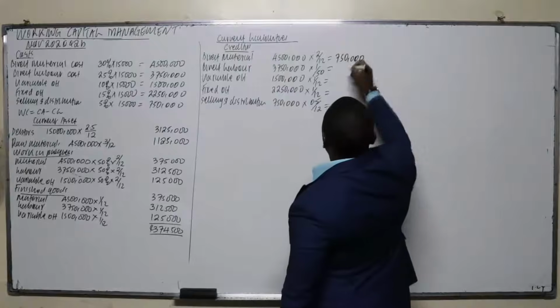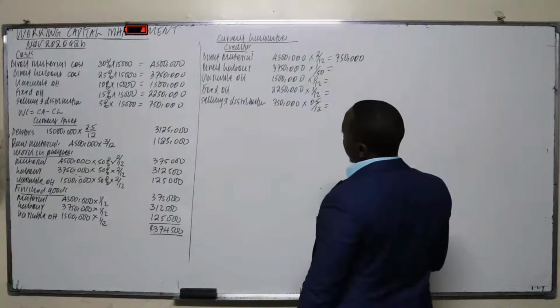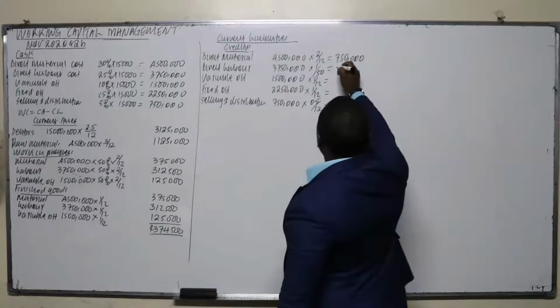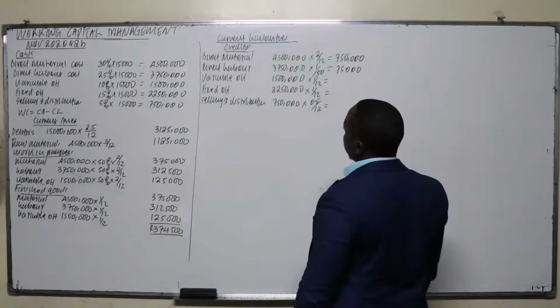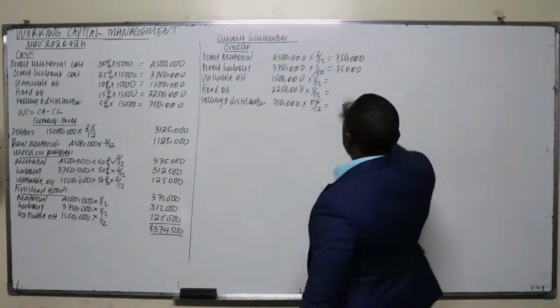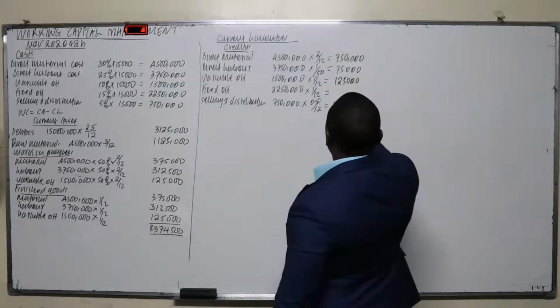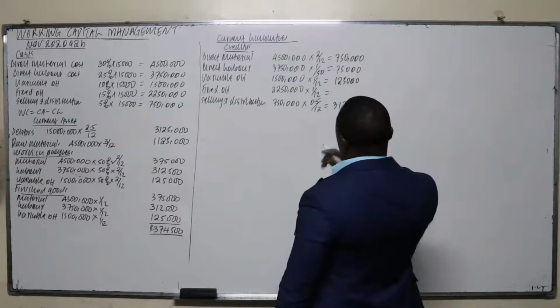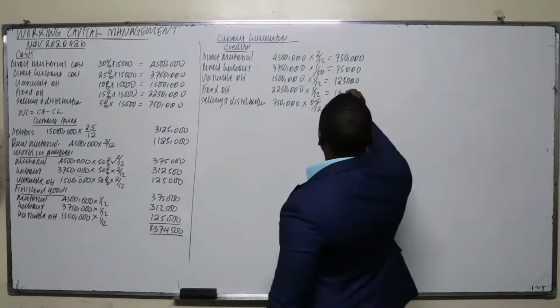$750,000. $75,000. And 25,000. That 1 to 50. 187,500.